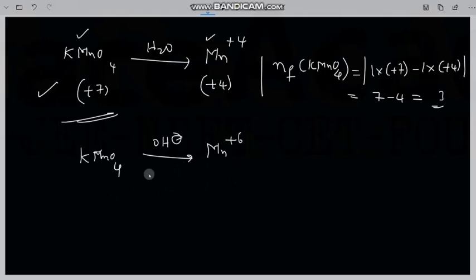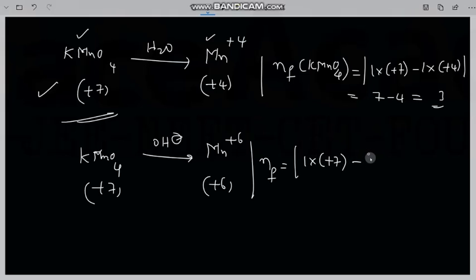What will be its n factor? Here it goes from +7 to +6, so its n factor will be equal to 1 into +7 minus 1 into +6. It will become 7 minus 6, that is 1.